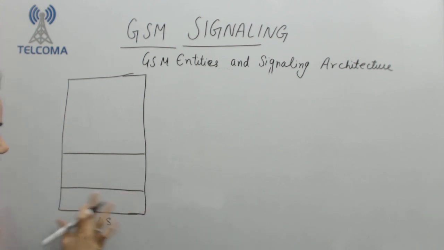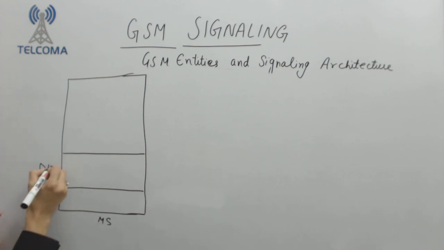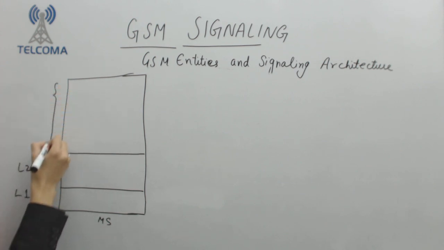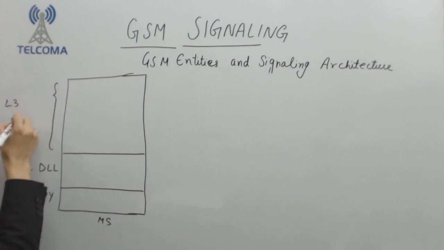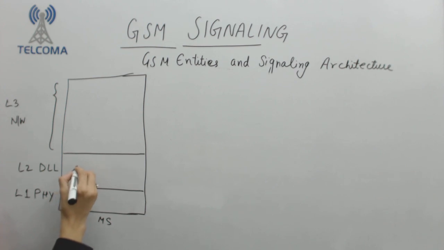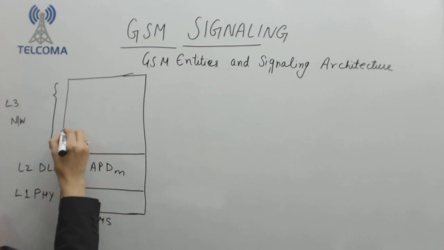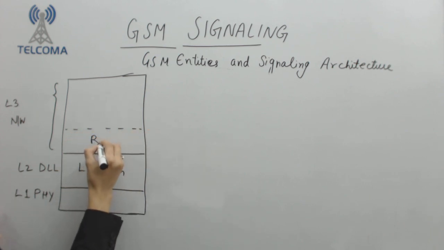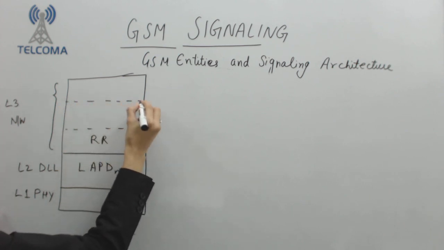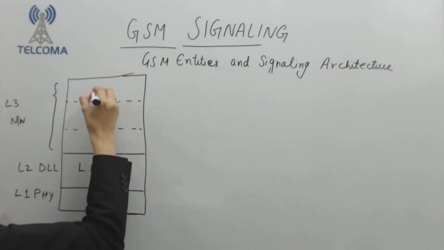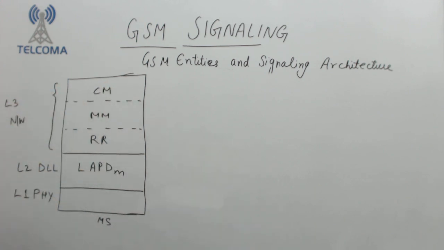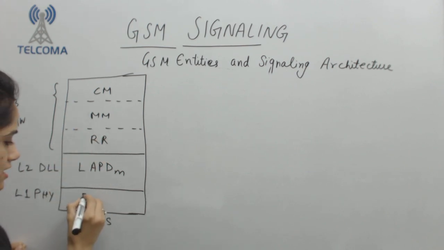I will write the layers here: this one as physical, this one as data link, layer 1, layer 2, layer 3, network. So this is the protocol signaling architecture at the mobile station end.